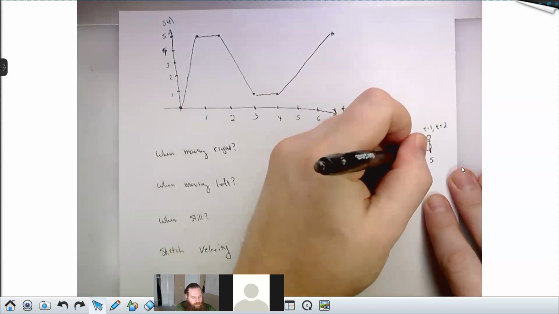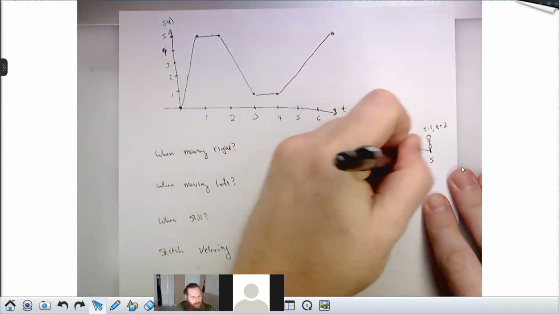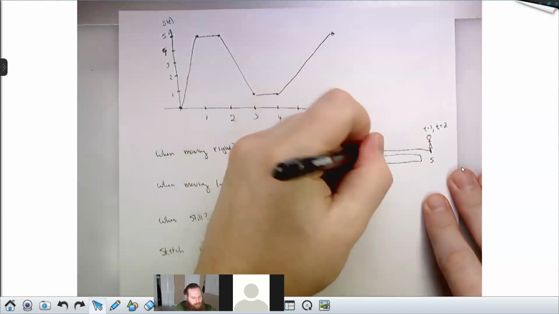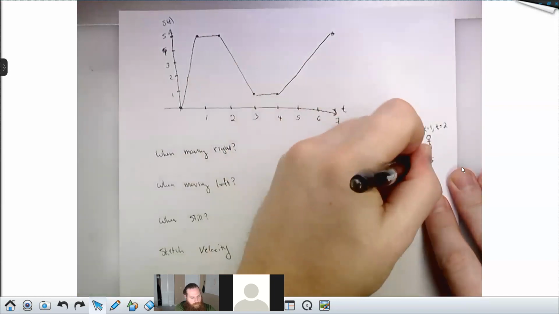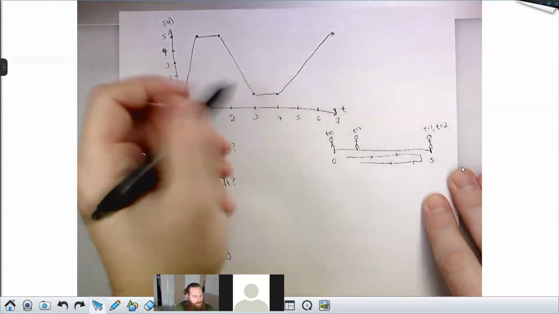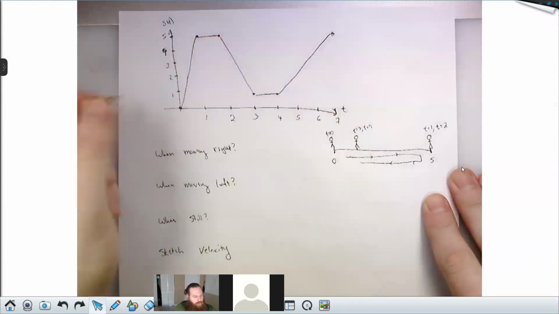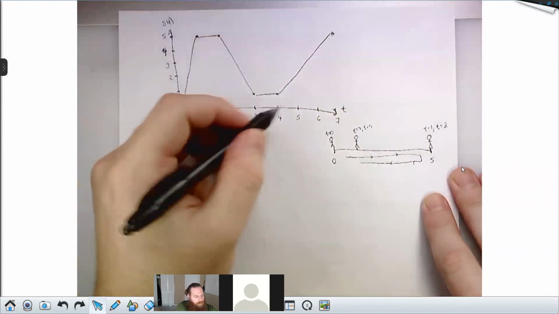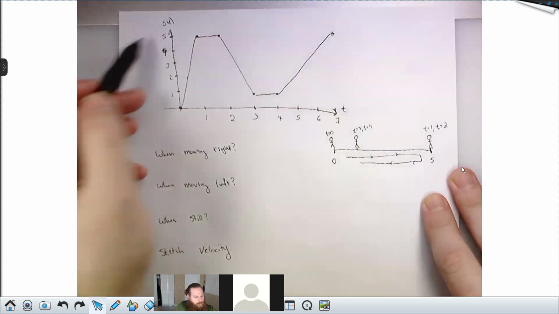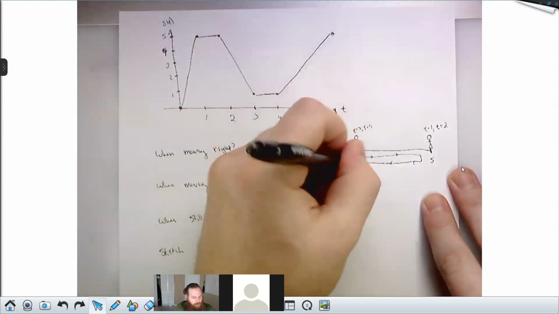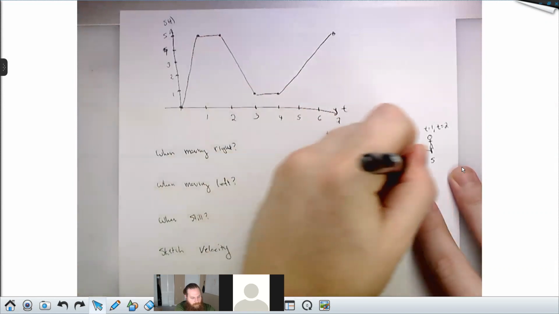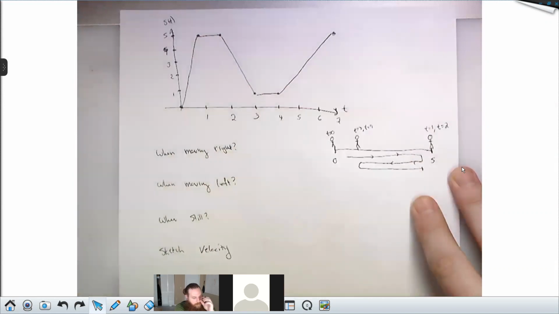So he comes out here, he stays for a minute, but then he does come back here. And then from time t equals 3 to t equals 4, he's just chilling there. And then from t equals 4 to t equals 7, he runs back out to 5. And that's where he stays.